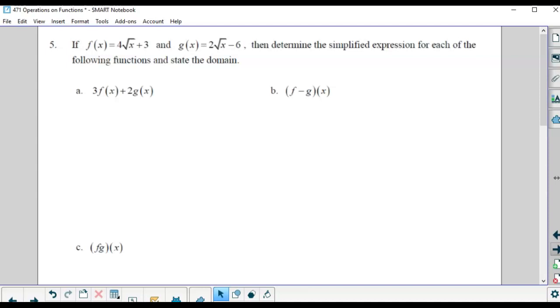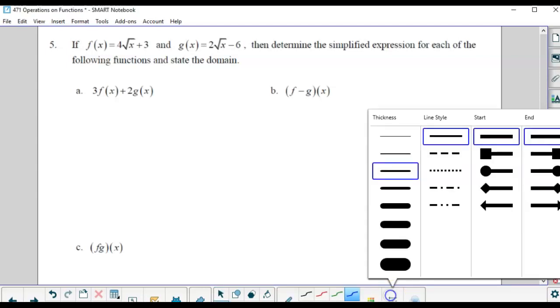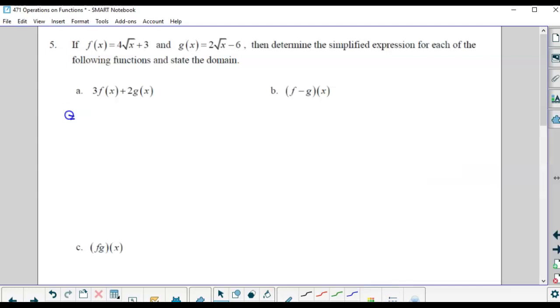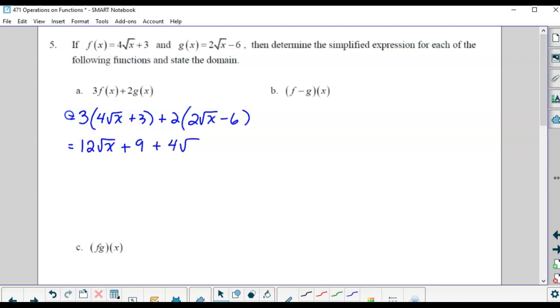So now we're going to look at some square roots. Okay, so now this one is 3 times f of x. So 3 times 4 root x plus 3, plus 2 times g of x. So that's 12 root x plus 9, plus 4 root x minus 12.